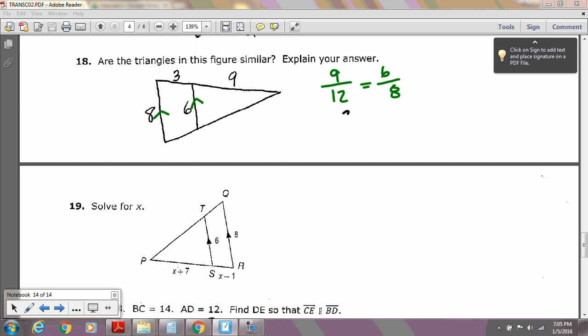So this would be 3/4 equals 3/4. So since the sides are proportional, I would say yes, they are similar. But I'm going to have to double check on that one because I think those two sides have to be parallel first in order to validate the similarity. And again, I'm going to take a pause and resume recording.